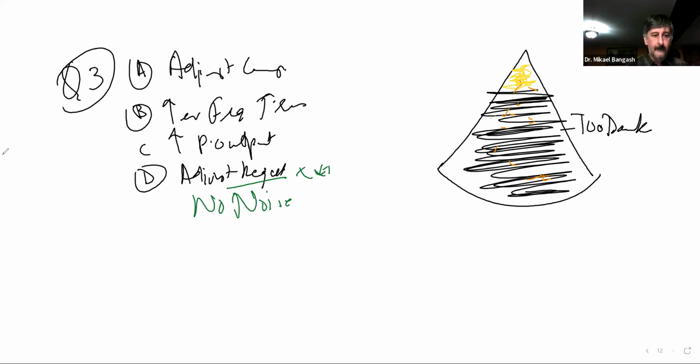Now we can say that increasing power output could do it, but that's not the real issue here. Because then we would have had a relatively blacker image here.